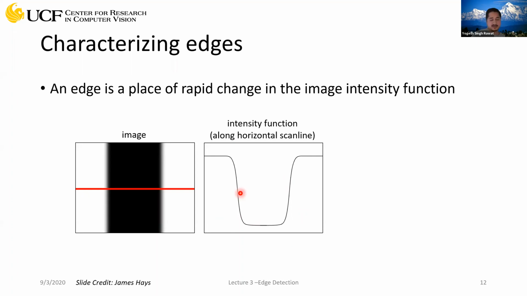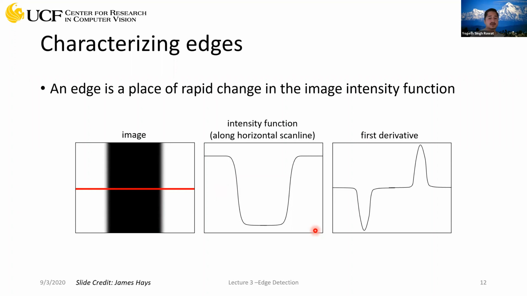And as a human, we can easily say that we have an edge here and an edge here. But let's see what happens if you compute the derivative of this function, the intensity profile of this line. The derivative, as we discussed, gives you the slope of a line.